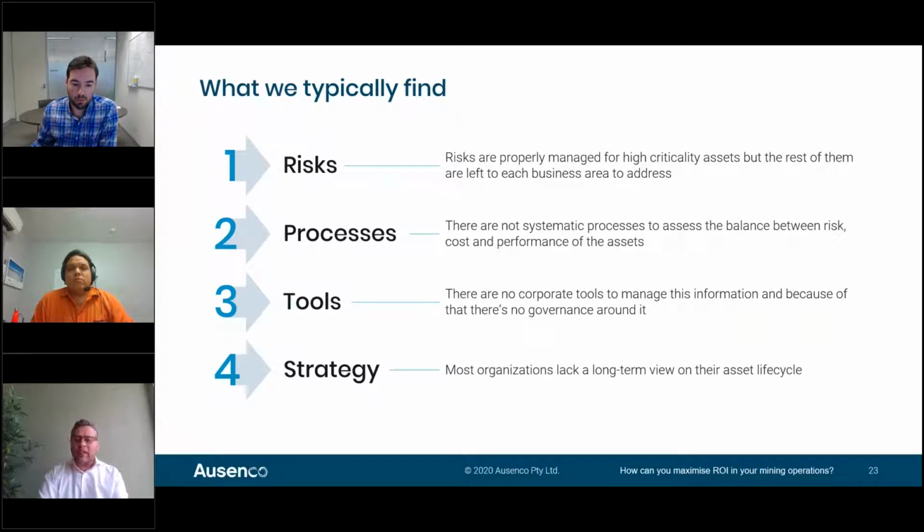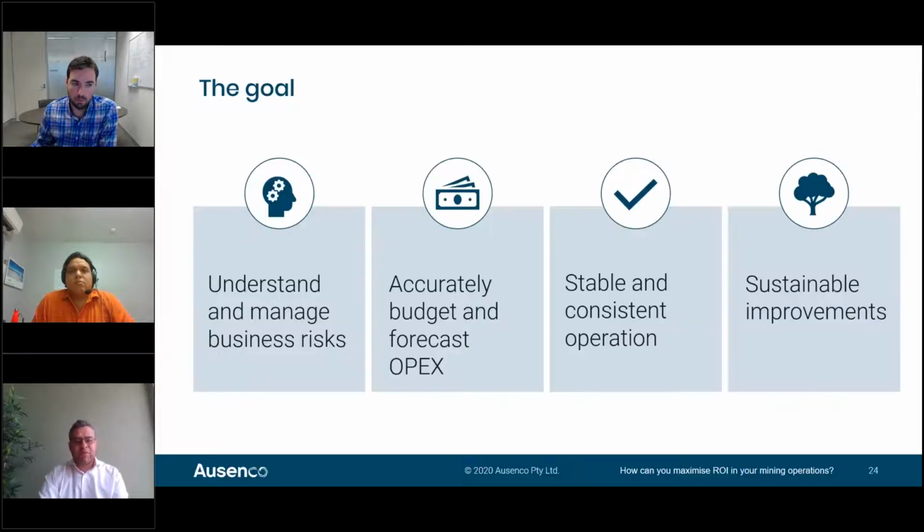All of those things are usually managed on a very year-to-year basis, maybe a 5-year plan kind of scenario. But when it goes into the life of mine, you usually don't get the level of detail that we think is required to make the best decisions today to keep our assets performing as they need.